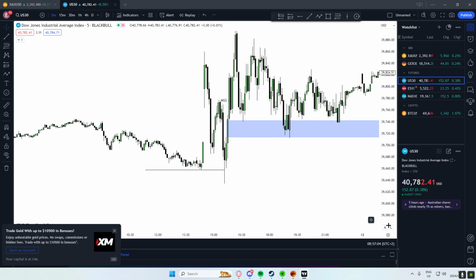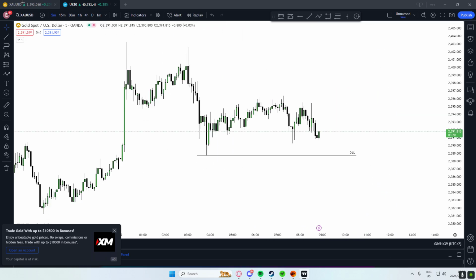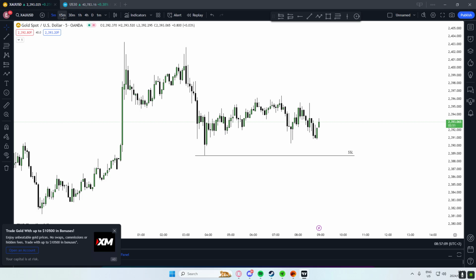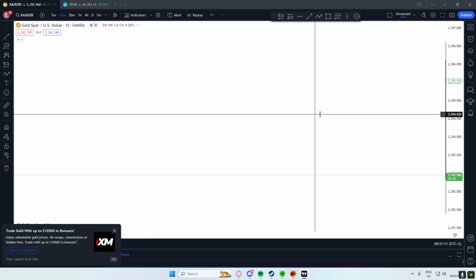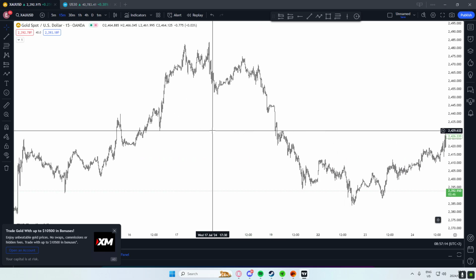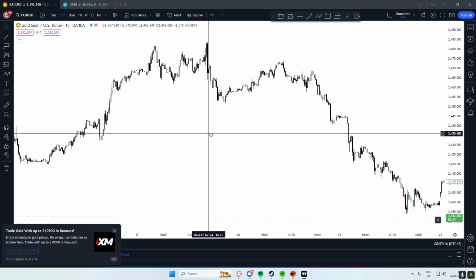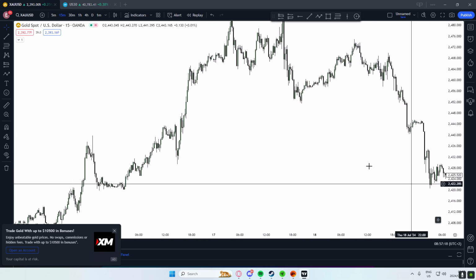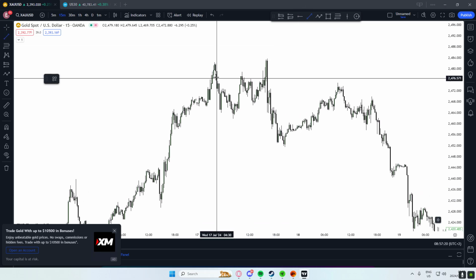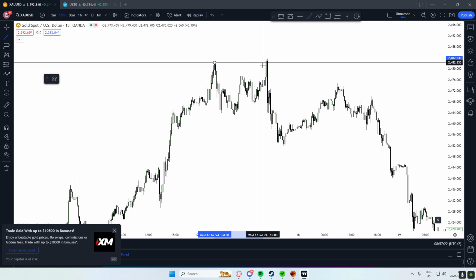Let me try and show you guys an example of a sell. Let's go to gold, 15 minutes. Let's go to a random time. Okay, I think here we have a sweep of liquidity.